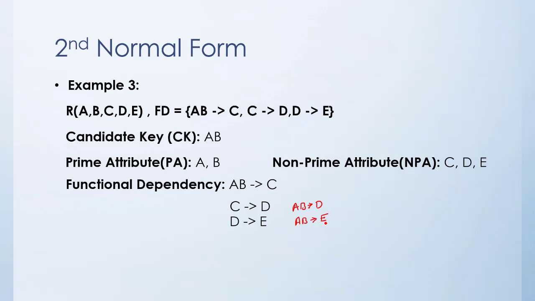So we can say that the relation R is in 2NF. So there is no need to decompose it. So we have transitive functional dependencies, but the non-prime attributes C, D, E are fully functionally dependent on AB.